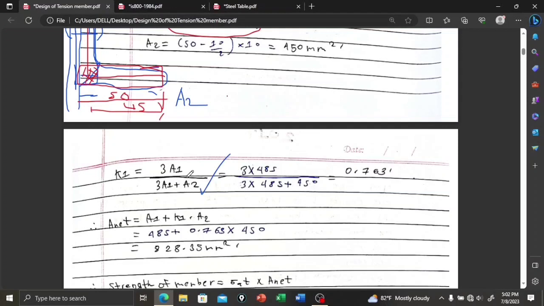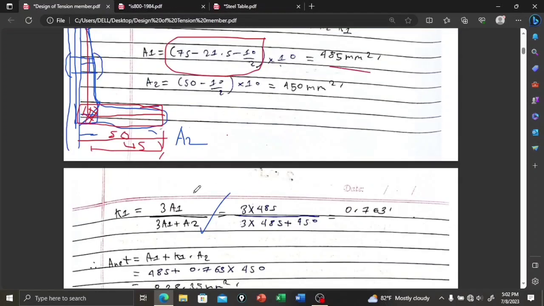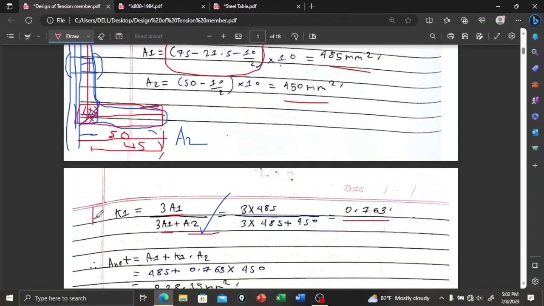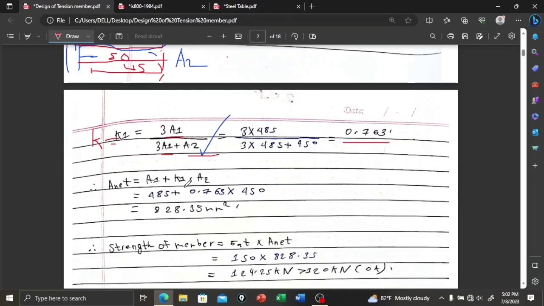And 3 into A1 is 485, A1 is also 485, and A2 is 450. So K1 is equal to 0.763. So A net is equal to A1 plus K1 A2, where A1 is 485, A2 is 450, and K is 0.763.